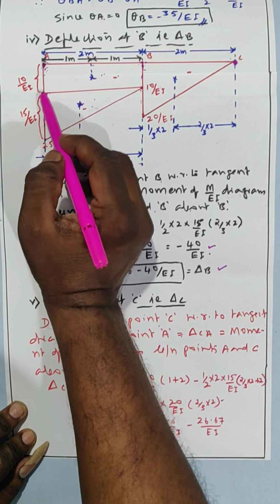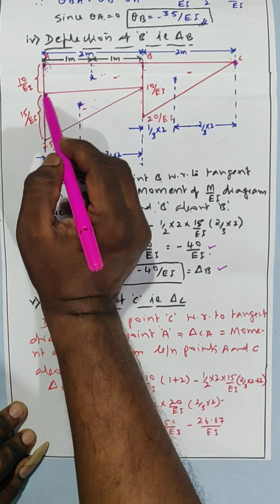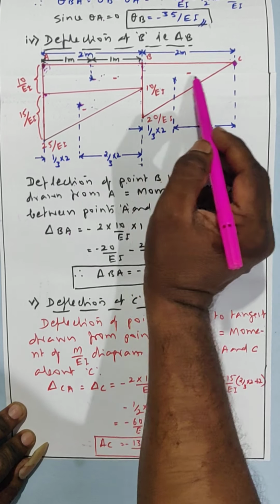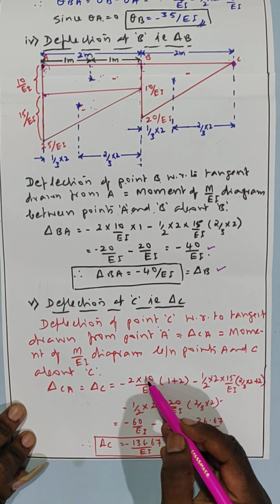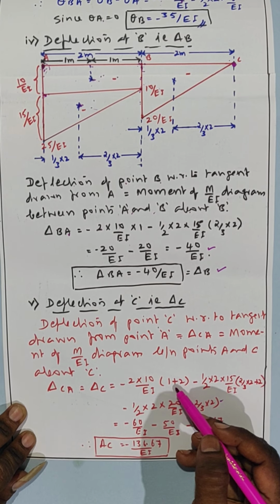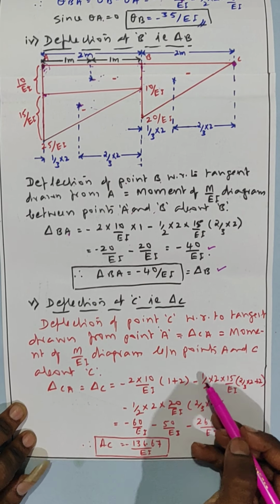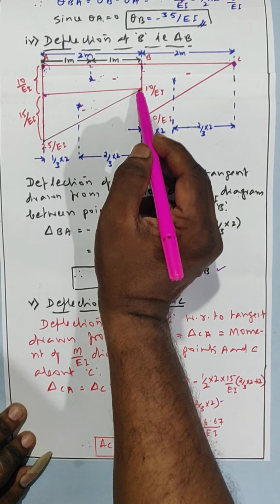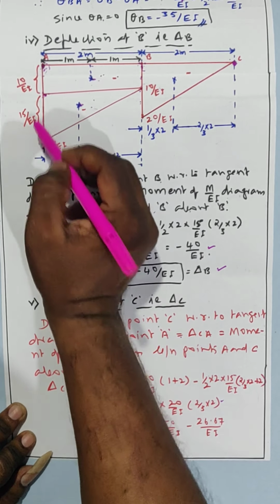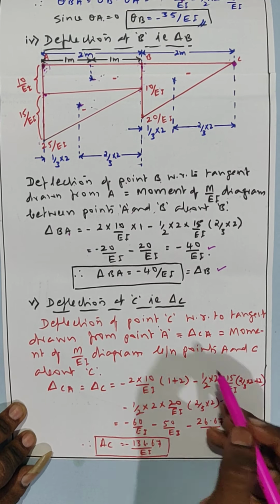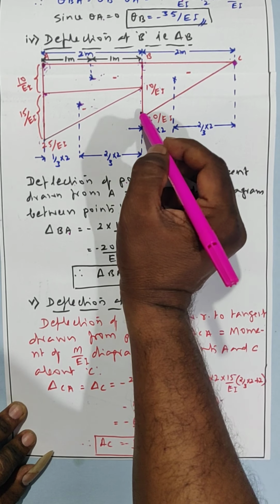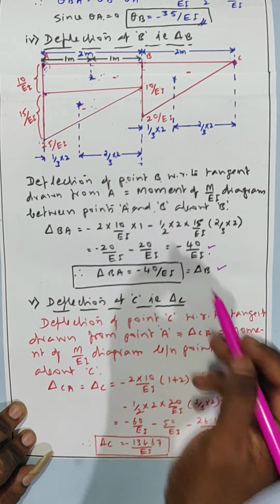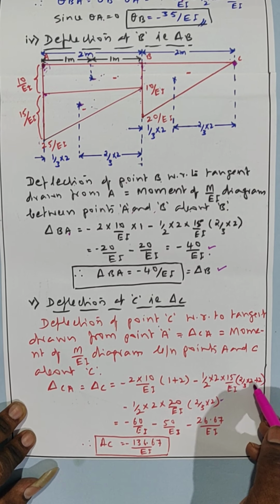Therefore moment of this rectangle is 2 into 10 by EI into its CG distance from C, which is 2 plus 1, minus this triangle, half into base into height, half into 2 into 15 by EI into its CG distance from C, which is 2 plus 2/3 of 2.